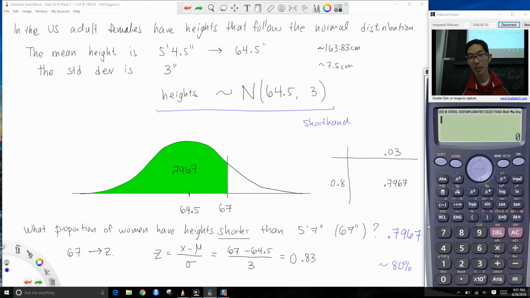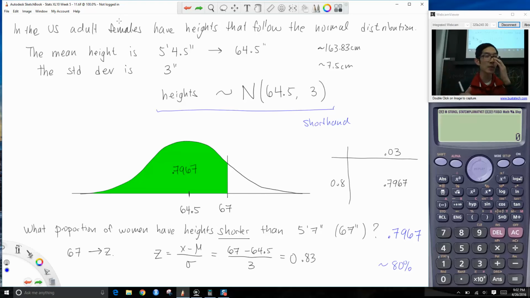Well, I didn't make it up, but part of the problem setup was heights of US females follow the normal distribution, and the mean is 64.5 and the standard deviation is 3. Don't ask me how I know that, but we're just saying, let's pretend that it is. Okay? And because I've given you that information, now we can answer these problems. All right?